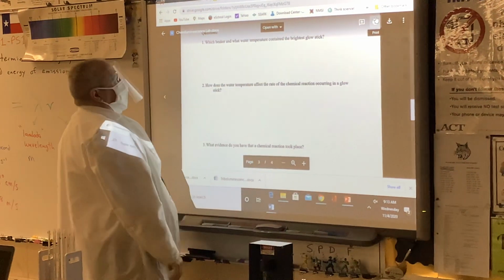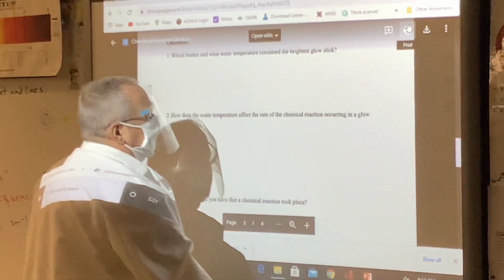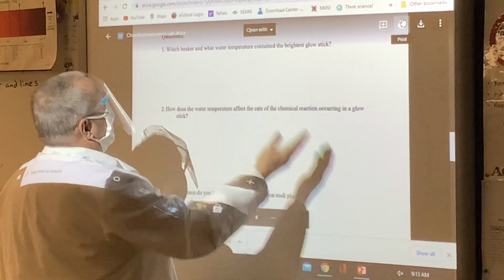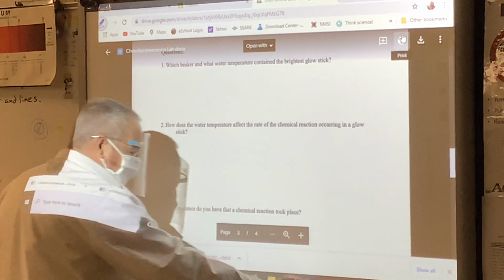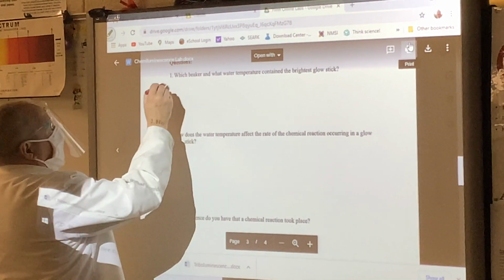So, which beaker contained the water temperatures? What beaker and what water temperature contained the brightest glow stick? I'll do it this way.